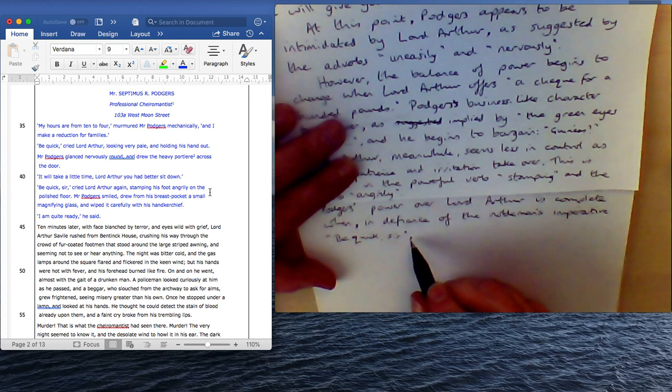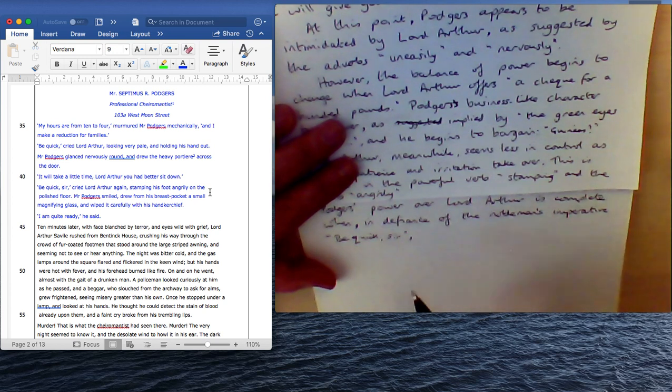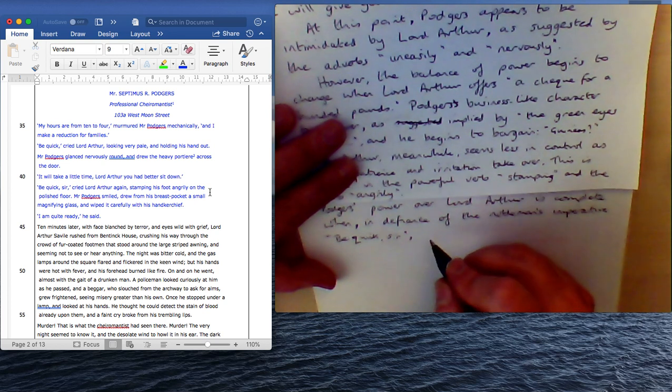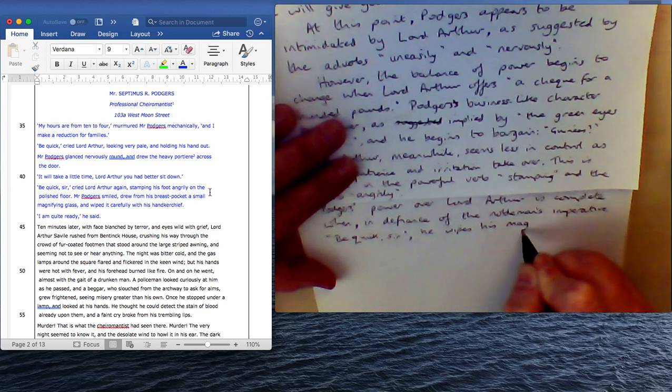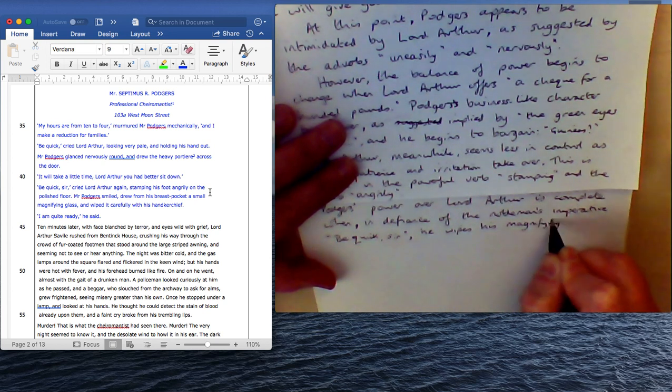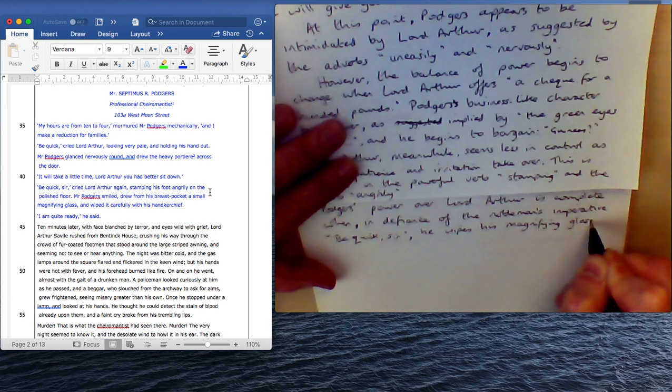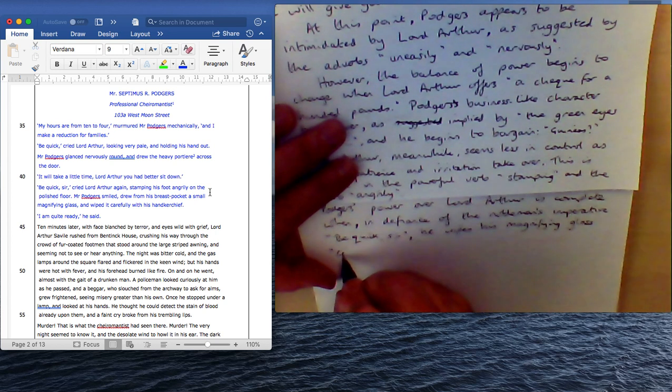And then don't forget, if you're adding in a subordinate clause, comma, comma, either side of the subordinate clause. So Podgers' power over Lord Arthur is complete when, in defiance of the nobleman's imperative, "be quick, sir," he wipes his magnifying glass carefully.